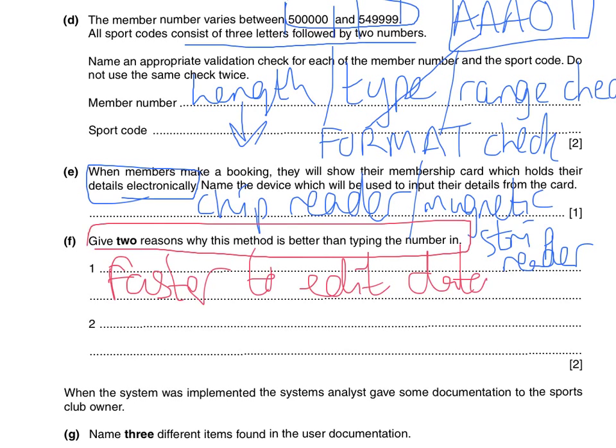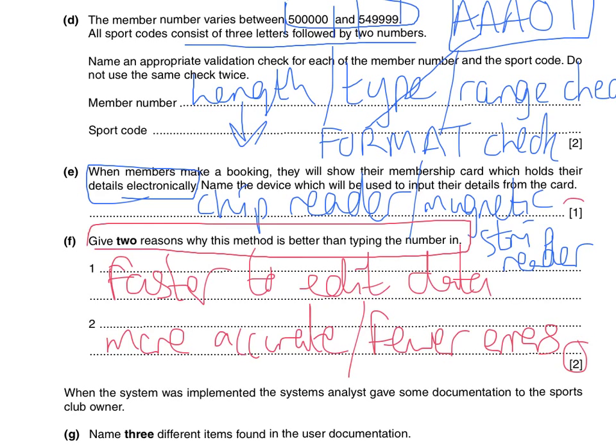And also it's going to be more accurate. Computers don't make mistakes, it's only the person that uses it where errors occur, or if errors do occur, it's most likely going to be fewer than a human, so you put fewer errors, and that's for 2 marks.